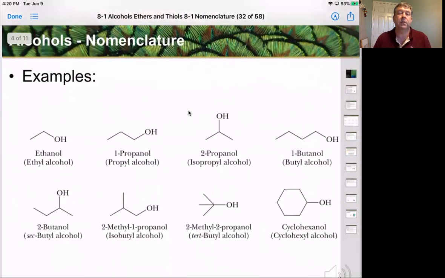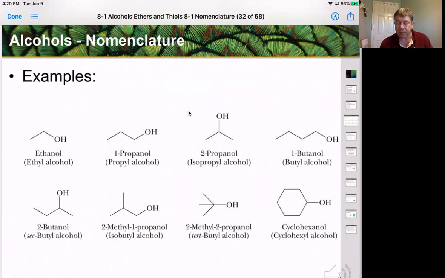So if we were to name this first compound with the IUPAC name, we have two carbons, so it'd be ethane, but we have now the alcohol, so we drop the last E and add OL, so it's ethanol. The common name would be, since we have two carbons, an ethyl group. Therefore, we have ethyl alcohol.